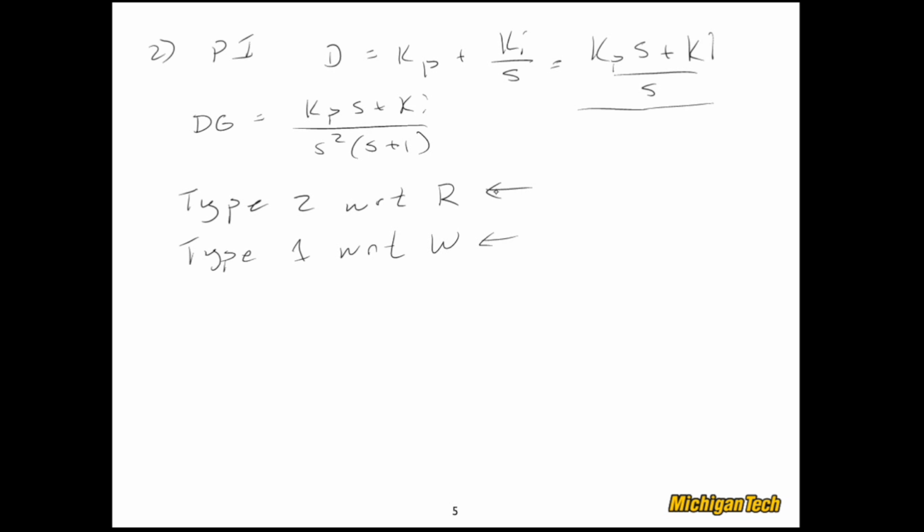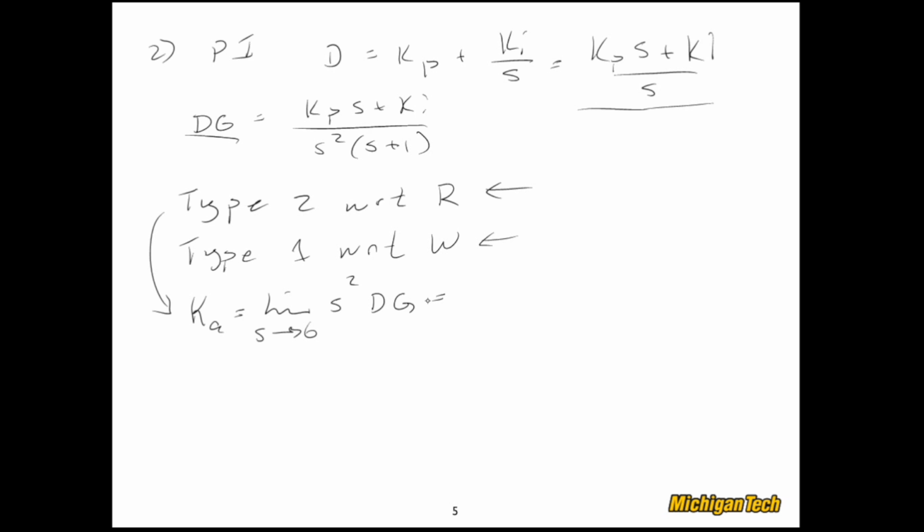Similarly here, I can now give it a parabolic input and have a constant steady state error, and a ramp would give me 0 steady state error. Now if we just look at this for a little bit longer, if it's type 2, it means that I have an acceleration error constant, which is equal to the limit as s goes to 0 of s squared times D times G, everything in the forward path.